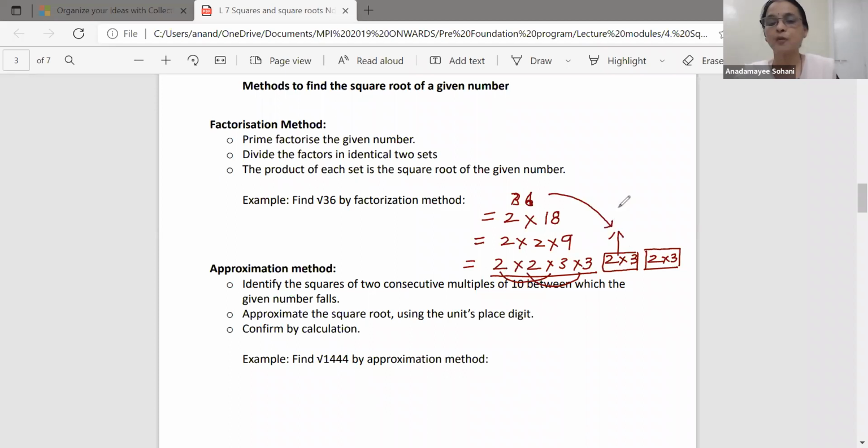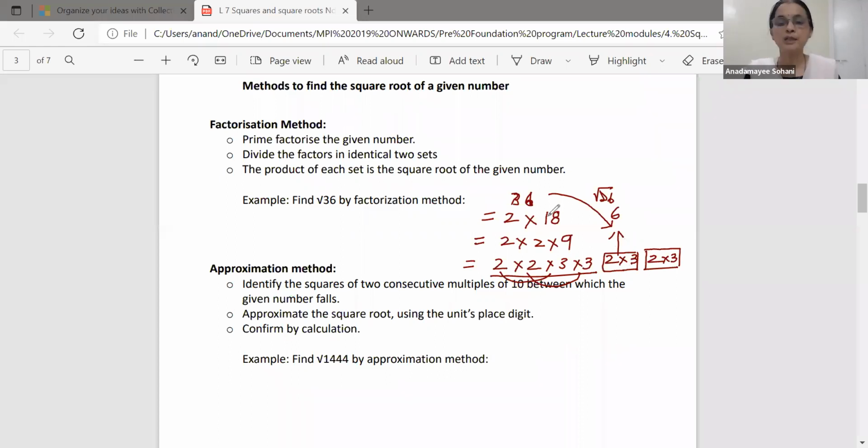So 2 3s are 6 is the square root of 36. Remember that. If I prime factorize the number, if it is a square number, the prime factors will form two identical sets, and one of the sets is the square root of the given number. And another method is what we discussed just now.